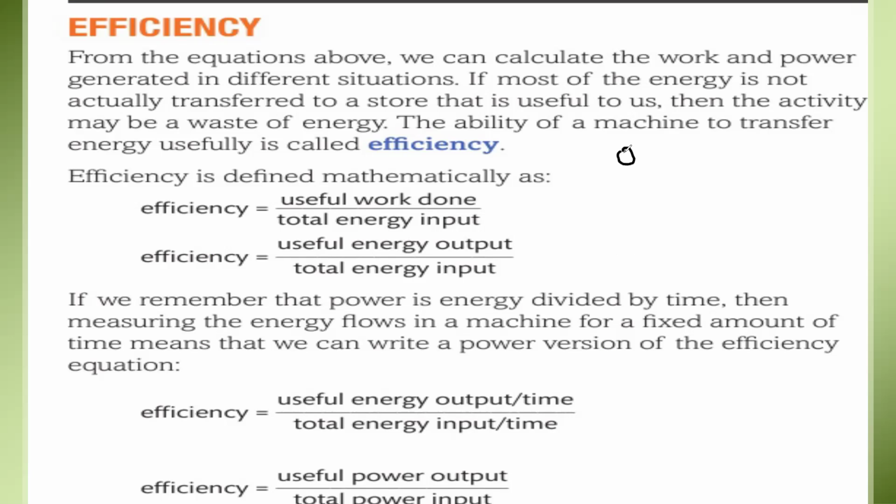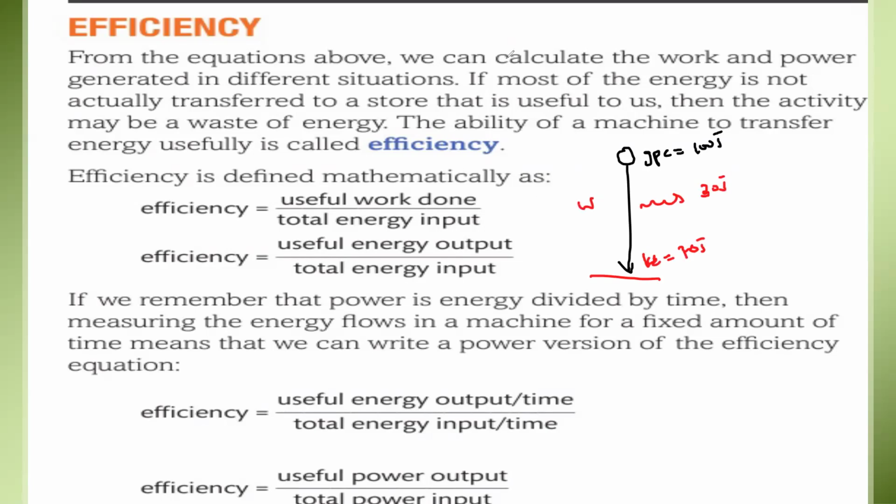Say an object is dropped from a certain height. It has a gravitational potential energy of 100 joules. Just before it hits the ground, it has a kinetic energy of 70 joules. The remaining 30 joules of energy is wasted because of resistive forces.